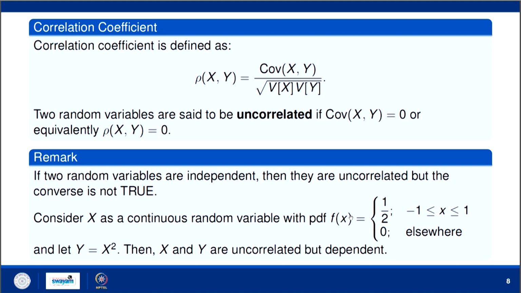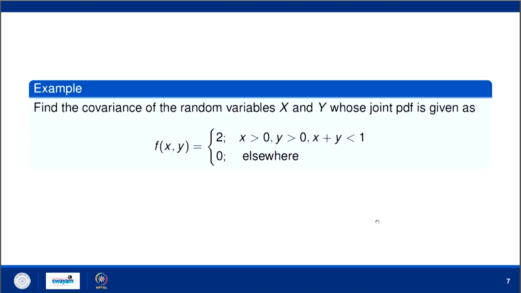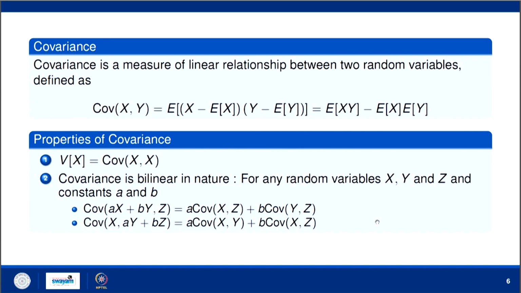If you find covariance of x and y, by this definition, it is expectation of xy minus expectation of x into expectation of y. Now, y is x square. So, it is expectation of x cube minus expectation of x into expectation of x square.